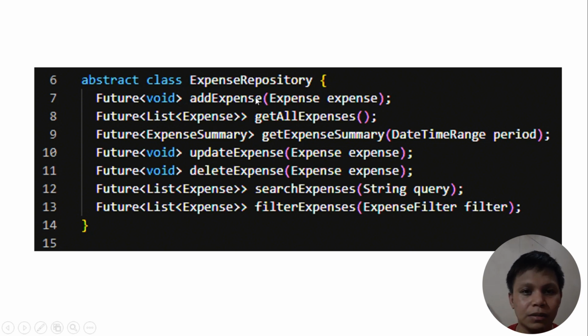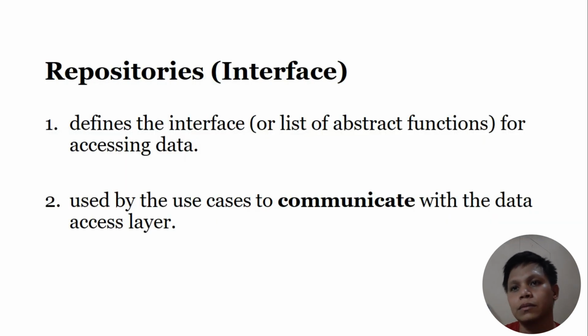But it doesn't tell us, nor do we define, ano yung mga specific instructions in order to achieve this operation. So those will be implemented sa data layer. So yun, I hope that this makes sense. Going back to our definition, repository is the interface. Yun lang, it's just a list of abstract functions na mga CRUD related.